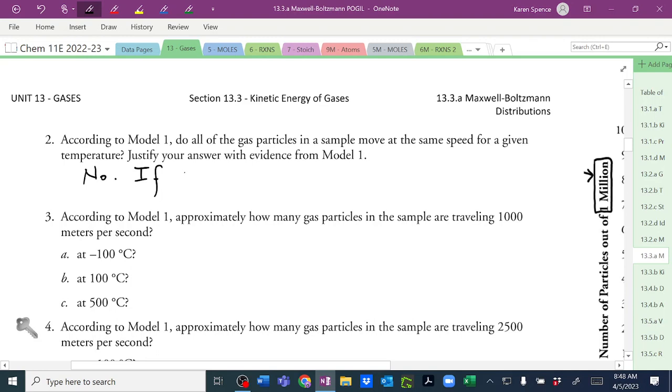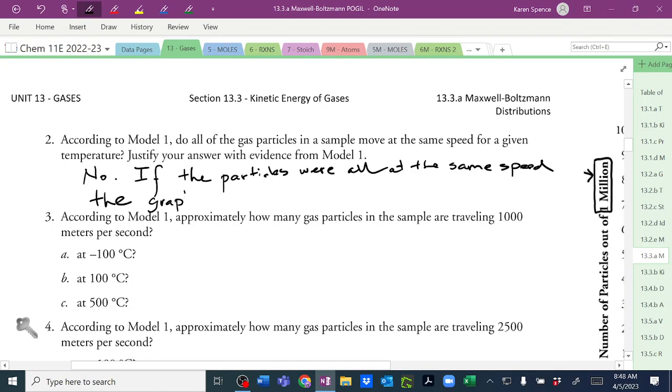If particles moved at the same speed, the graph would just be a single vertical line going up to 1 million. That's the total number of particles.